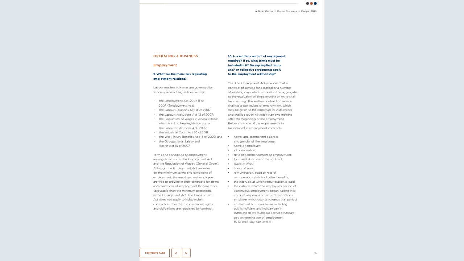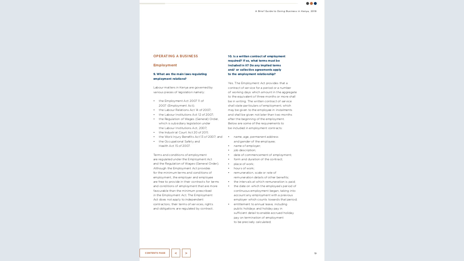Yes, the Employment Act provides that a contract of service for a period or a number of working days which amount in the aggregate to the equivalent of 3 months or more shall be in writing. The written contract of service shall state particulars of employment which may be given to the employee in installments, and shall be given not later than 2 months after the beginning of the employment.